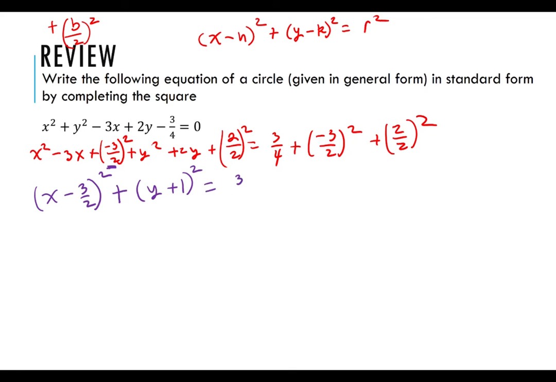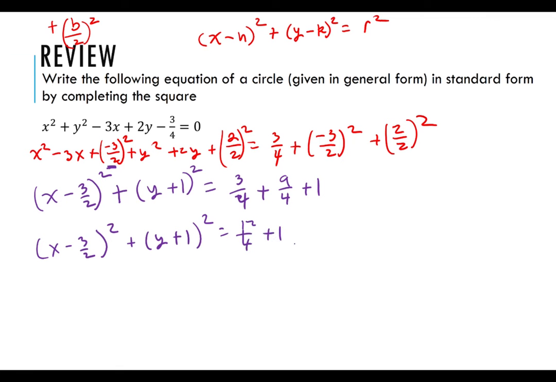and on the other side we're just going to simplify that, 3/4 plus 9/4 plus 1. And so simplify further, that's x minus 3/2 quantity squared plus y plus 1 quantity squared is equal to 12/4 plus 1. 12/4 ends up being 3, 3 plus 1 is 4, and so this is x minus 3/2 squared plus y plus 1 quantity squared is equal to 4.